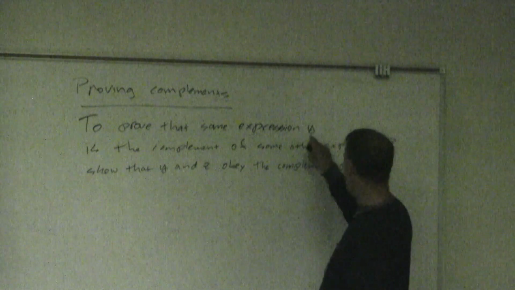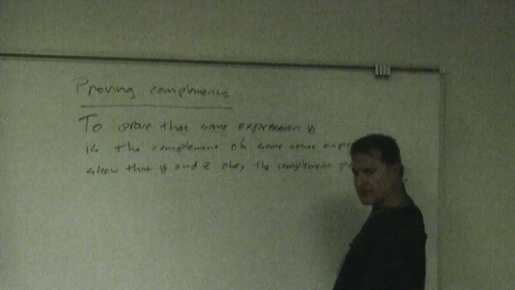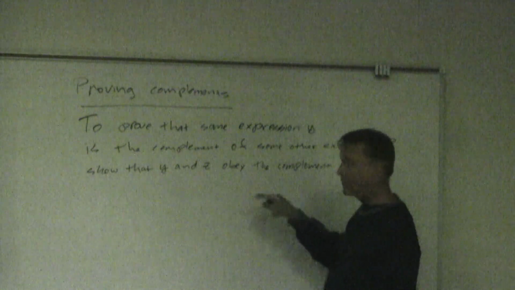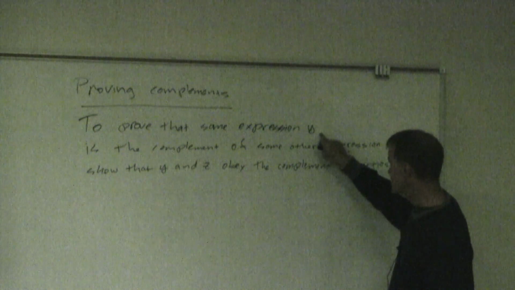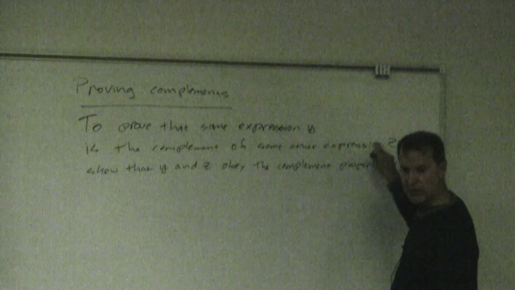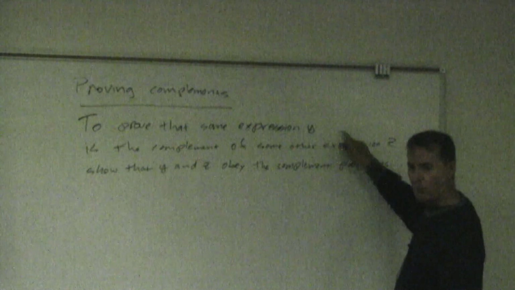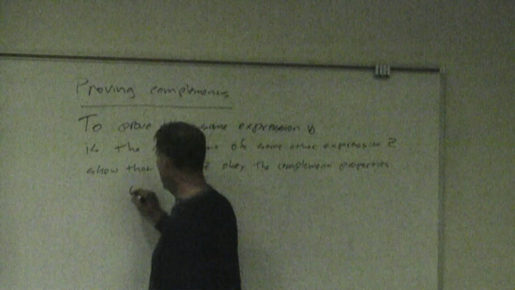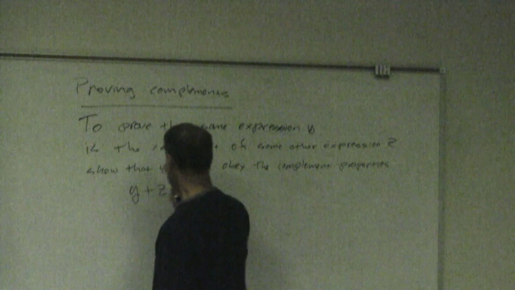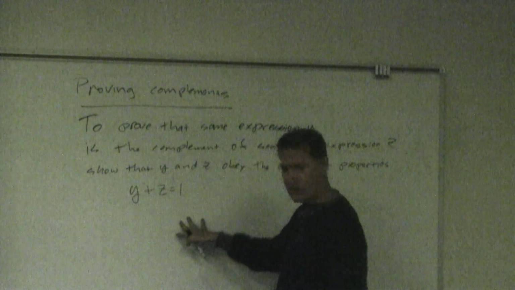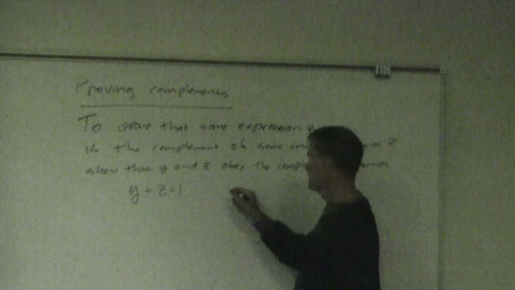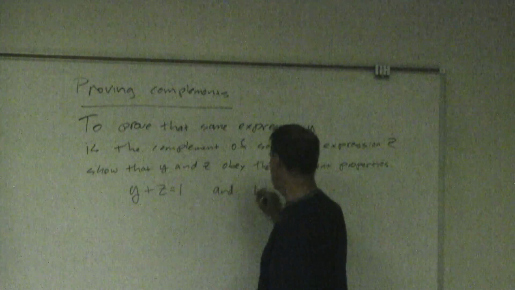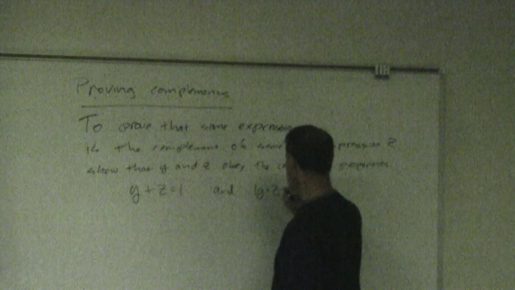So to show that y and z are complements, we have to show that y or z equals 1. That was one of the complement properties. And what else? y and z equals 0.